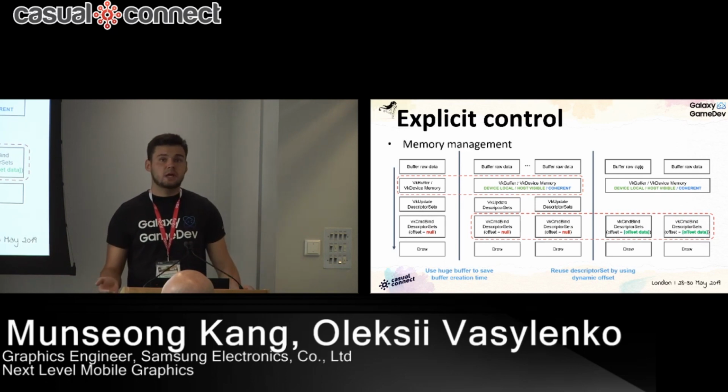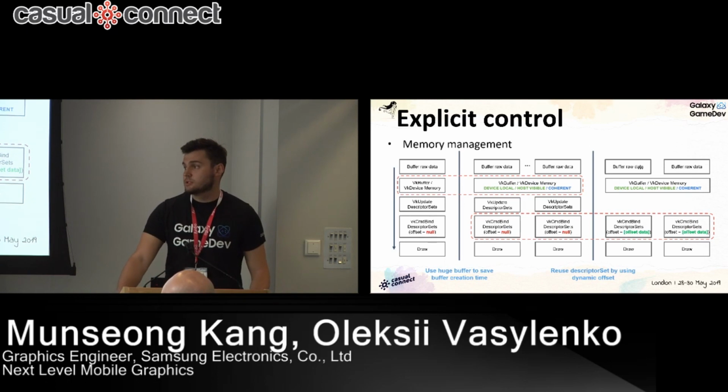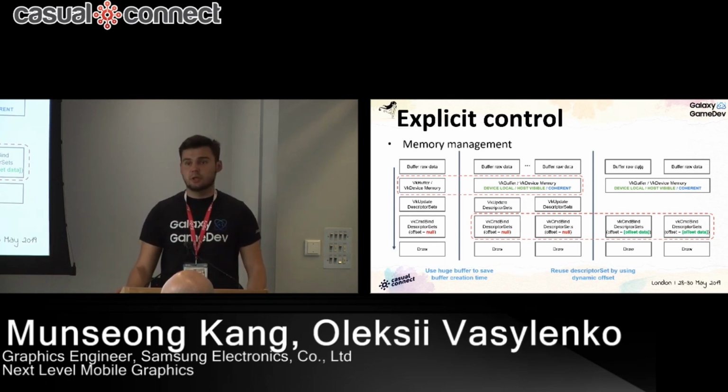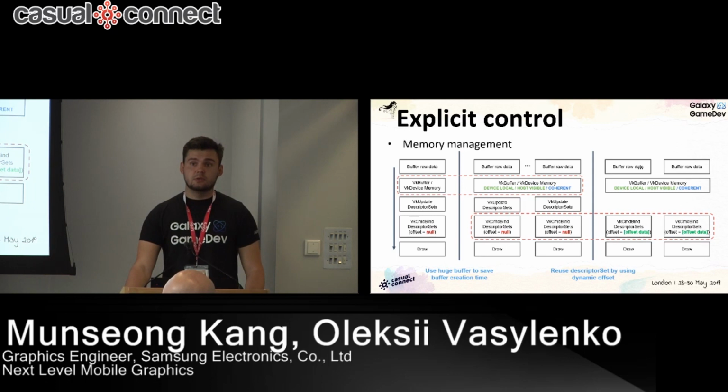For some engines where the architecture is more complicated and performance is more important, it's better to use a single VK buffer and allocate raw data with some offsets in it. In this case, you can reduce the allocation count, but this is still not the best solution, so you can improve it by adding dynamic offsets logic.